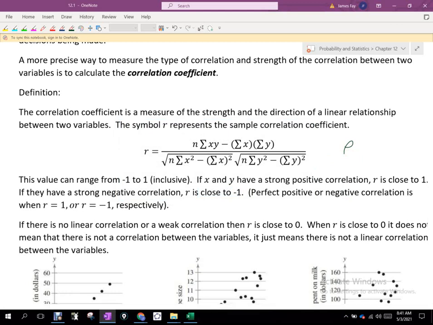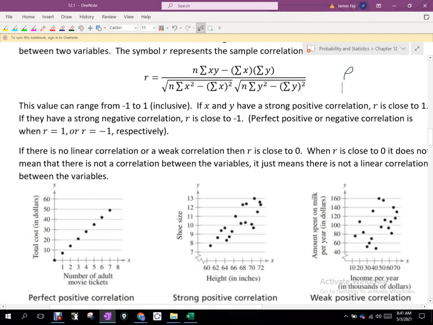Does anybody know what that Greek symbol is? It kind of aligns with our R in the alphabet. Starts with R. Rho. But it's not spelled that way. It's spelled R-H-O. So lowercase r is the sample, and rho is for the population. That's going to pop up in a little bit.